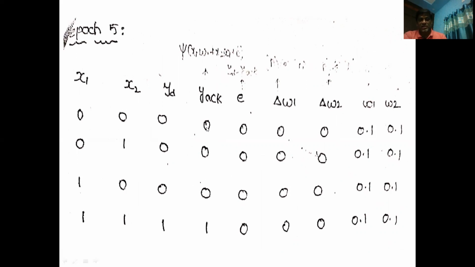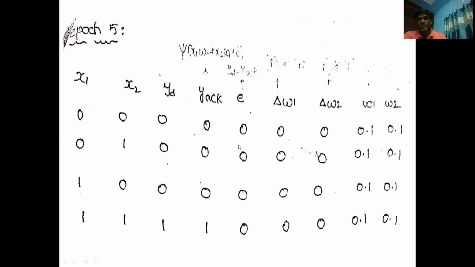Now you can see that the actual values calculated by the neuron are also 0, 0, 0, 1, which are same as desired responses. Therefore, all the error terms are zeros and there is no change in the weights. We started with 0.1, 0.1 and we ended with 0.1, 0.1 in epoch number 5.